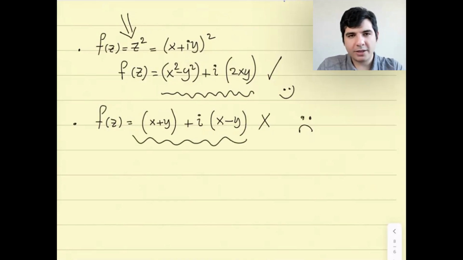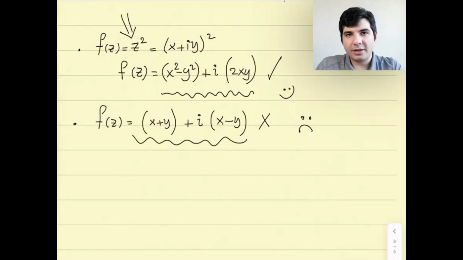Here we have a polynomial in x and y. If you try to write it as a polynomial in z, you would also see there would be terms in z conjugate, right? You cannot write it as a polynomial just in z without its conjugate.